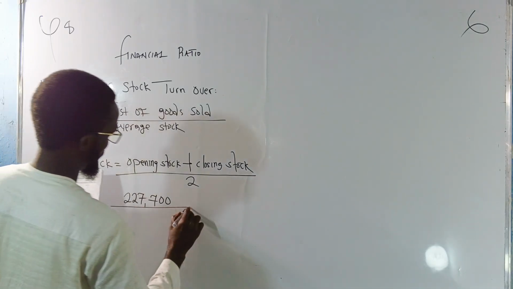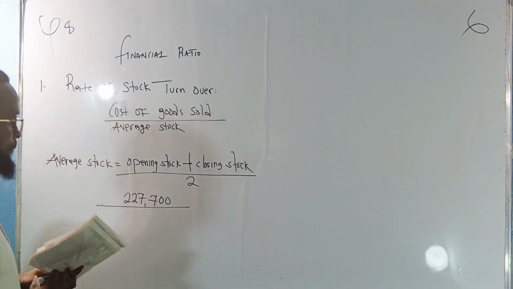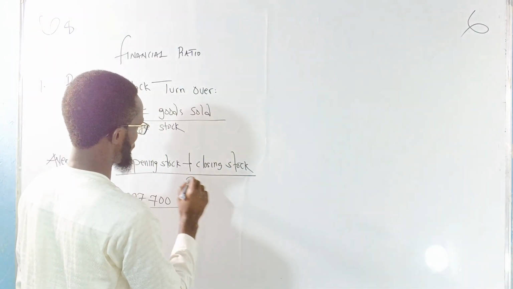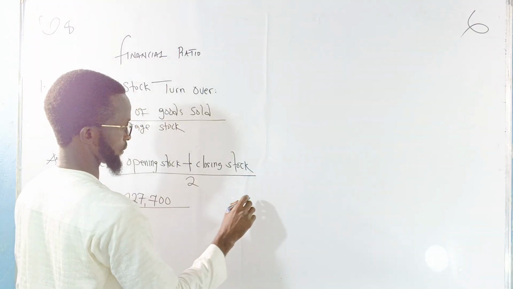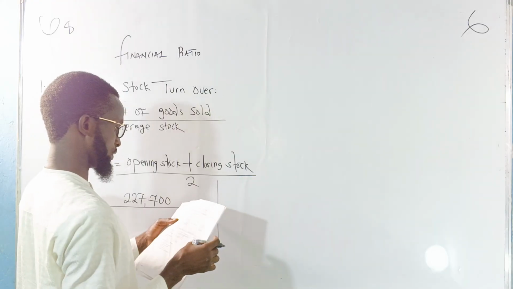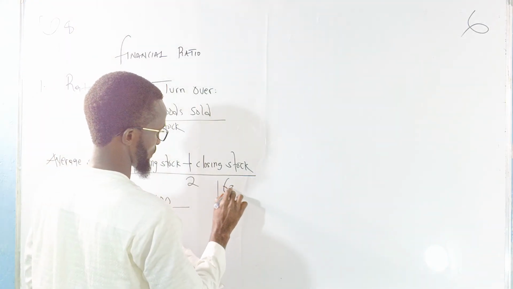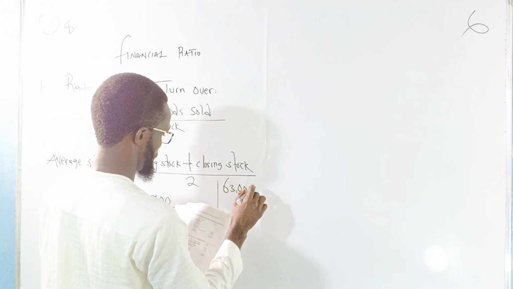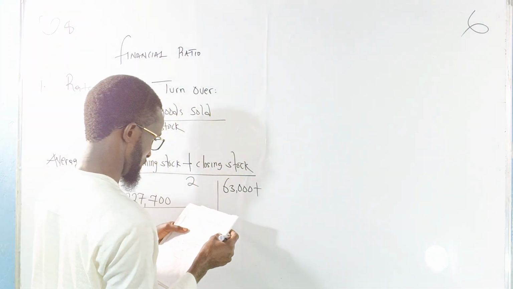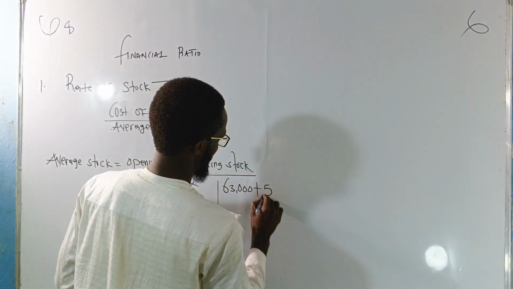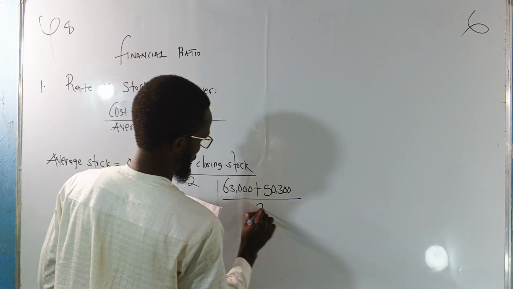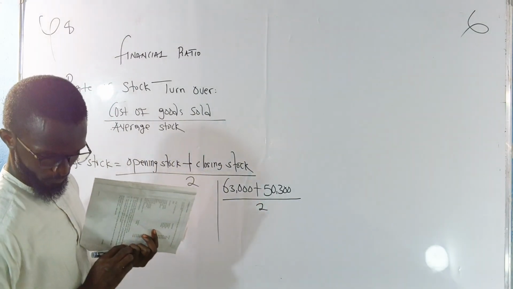Now our average stock. Let's calculate our average stock here. Our opening stock is 63,000 plus our closing stock, which is 50,300, divided by 2.